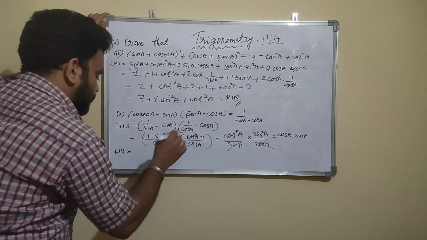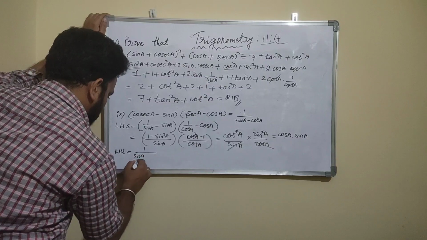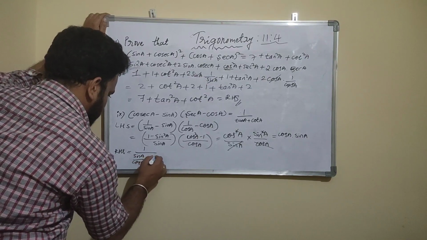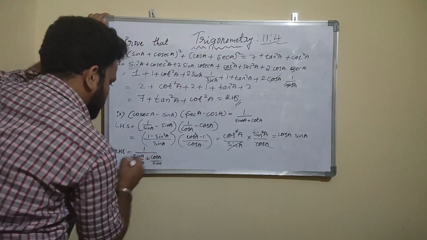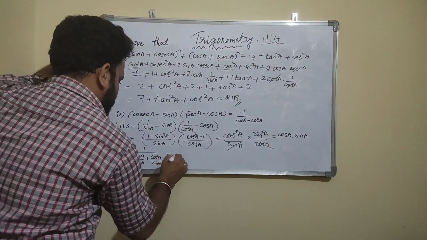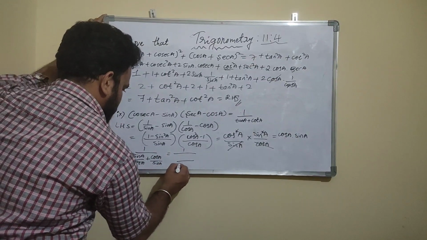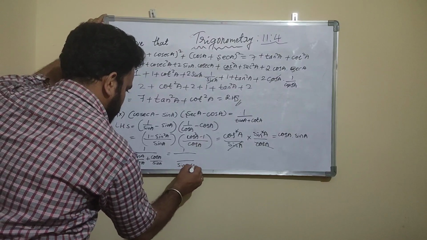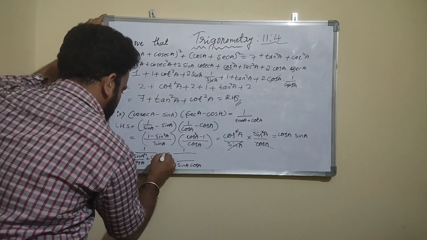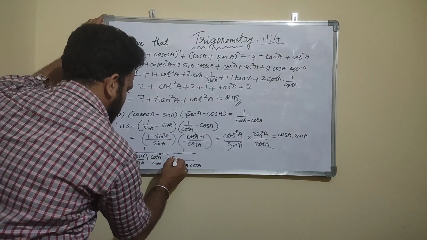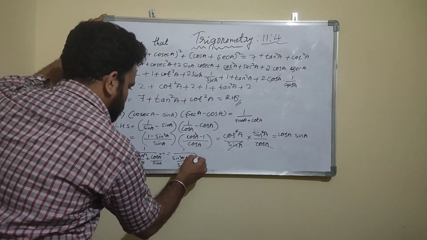1 by (tan a plus cot a). 1 by tan a can be written as sin a by cos a, plus cos a by sin a. Then what we can take? 1 divided by, I will take LCM. LCM is sin a cos a. Here into sin a, here into cos a. Sin a into sin a, sin square a, plus cos a into cos a, cos square a.